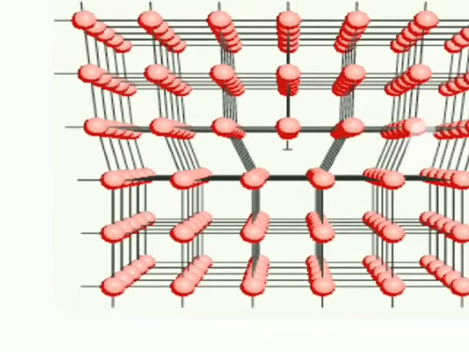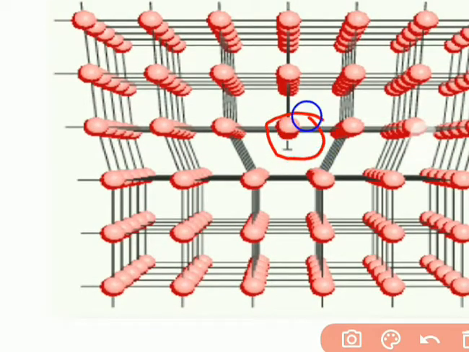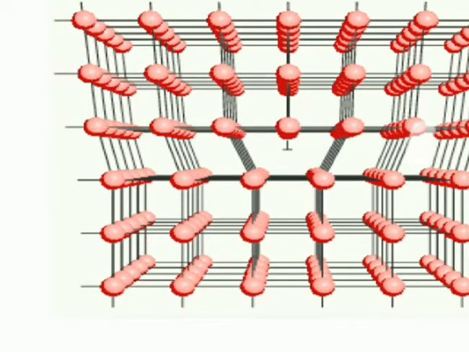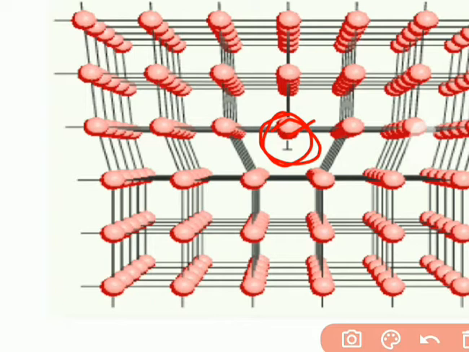So the problem is due to this particular point. It is not because of all the atoms, it is not because of all the planes. It is due to this extra line of atoms which is going inside. So this is our dislocation line going inside.